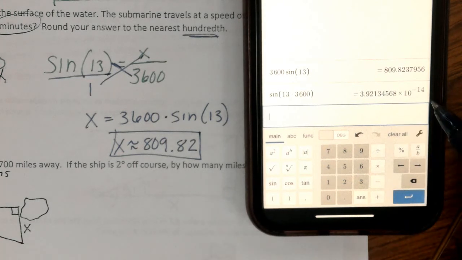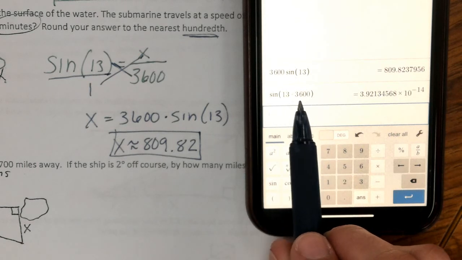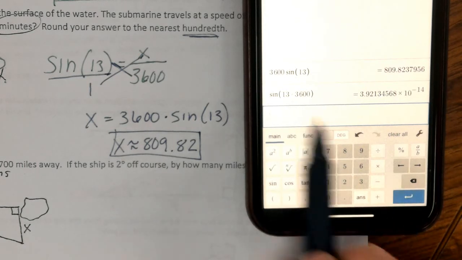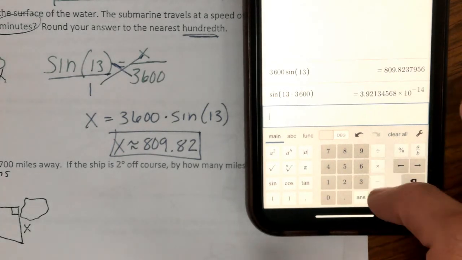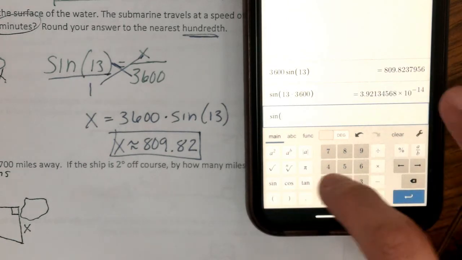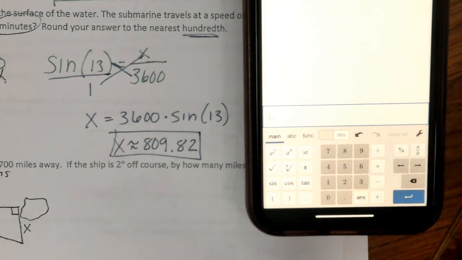That's a very small number. What's happening here is it is multiplying the degree of 13 times 3,600 before it does some sort of sine function in there. So the only way out of this is if you actually remember every single time to get out of the parentheses. Don't do that. Just put the number first, please.